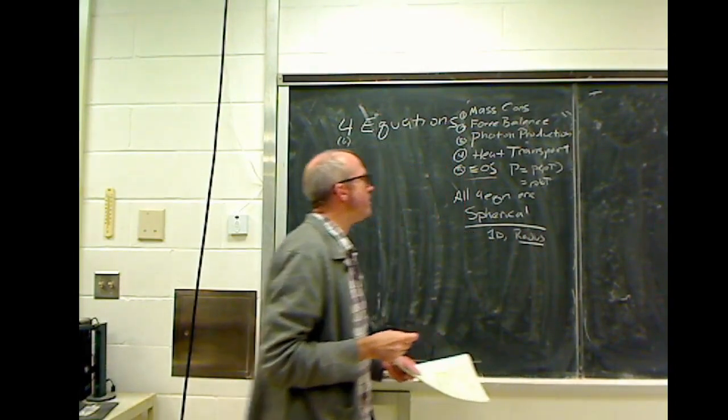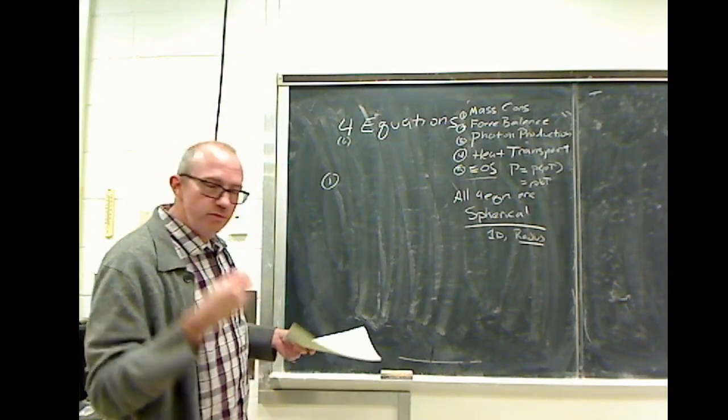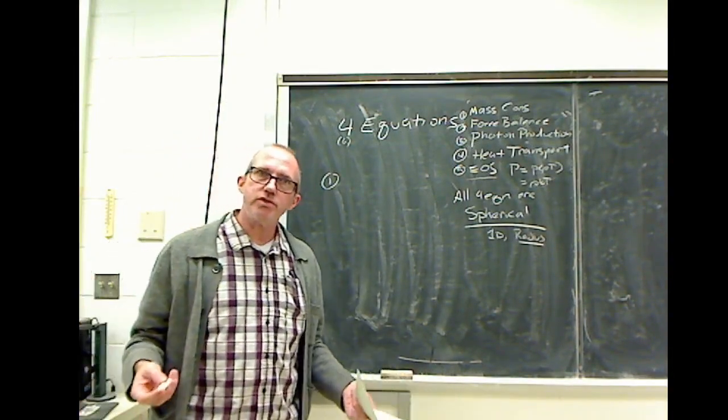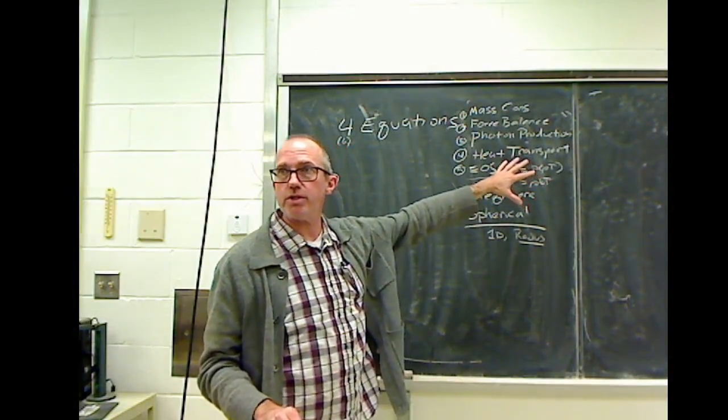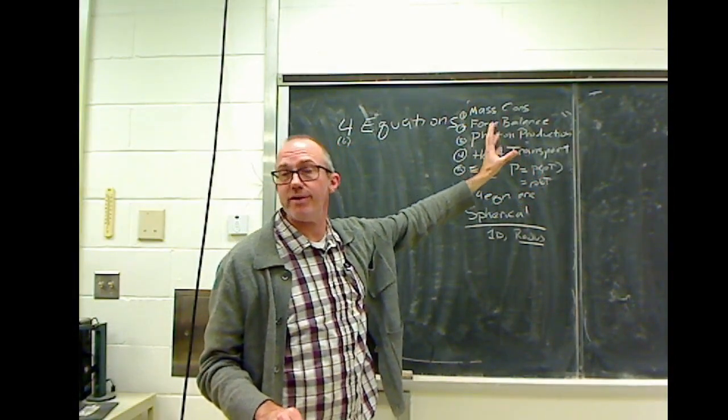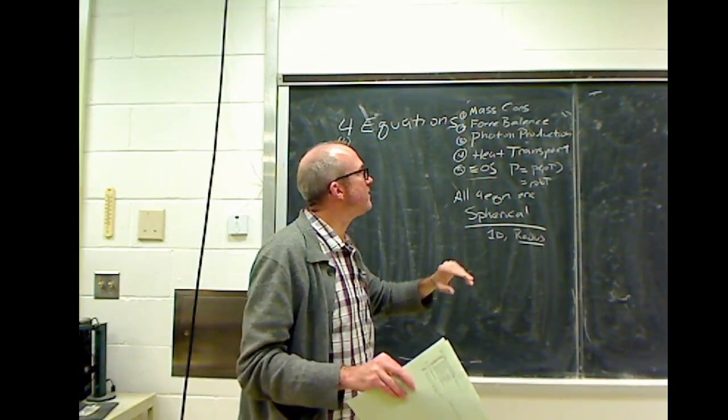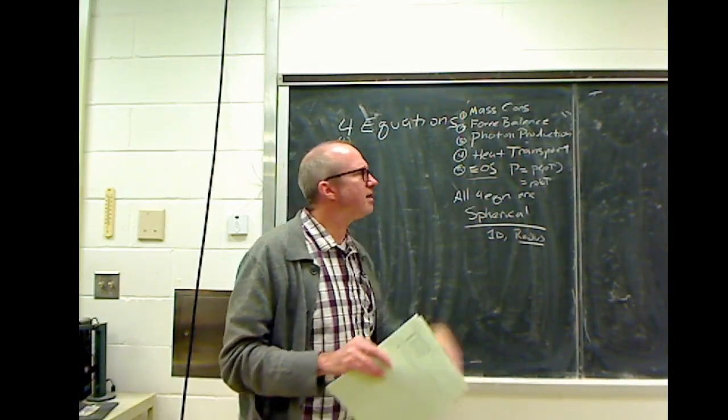In reality, a star is a 3-dimensional structure, and these should be 4 3-dimensional partial differential equations, and it's a lot harder, and you have to use a computer to solve it. You have to use a computer to solve these anyway.